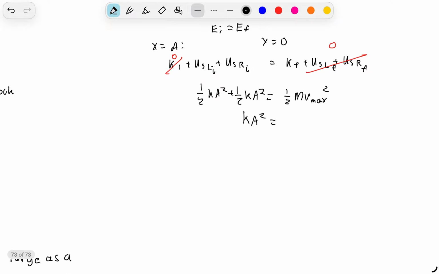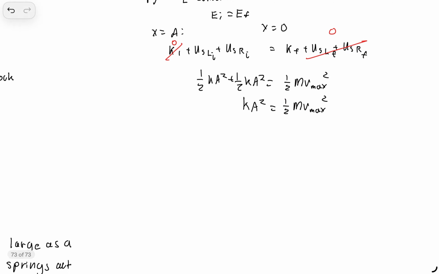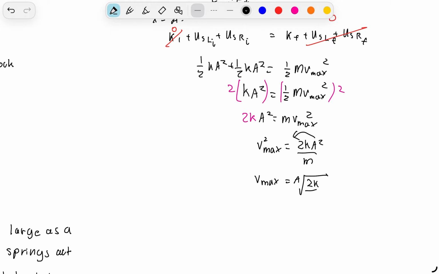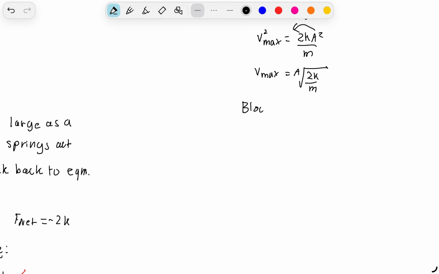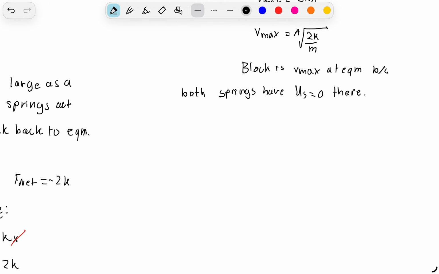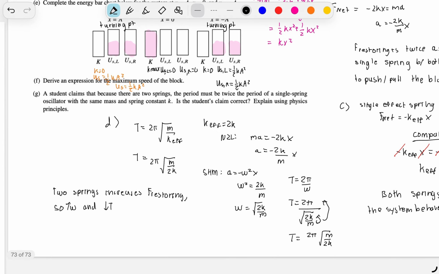One half m v squared max. So our block is fastest at equilibrium. So if they have both potential spring energy equal to 0 there, that means that all the energy has to be kinetic.